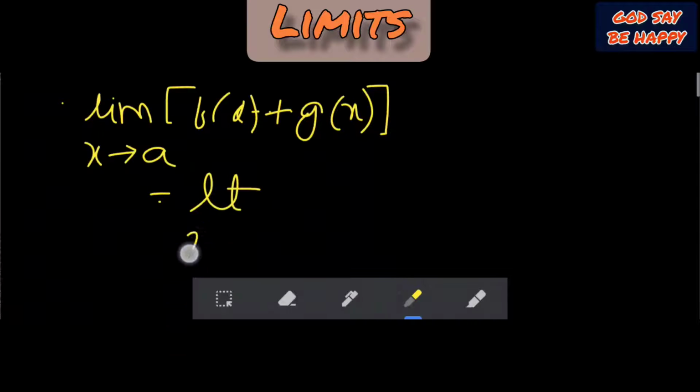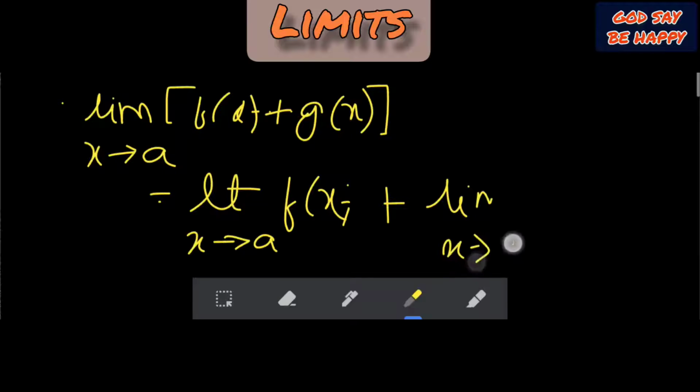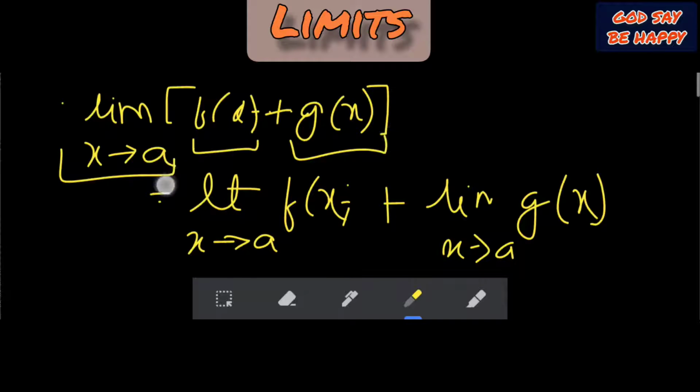Limit x tends to a f x plus limit x tends to a g x. We can give this limit to each of this. This is limit algebra of addition.